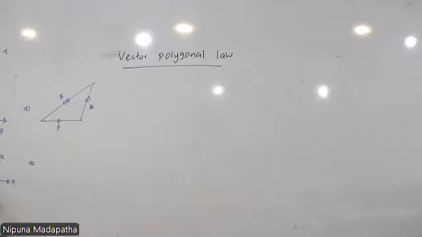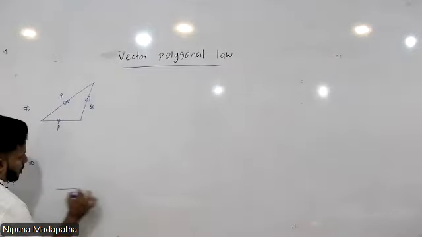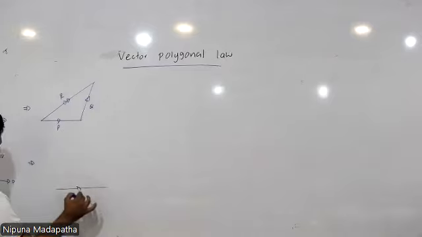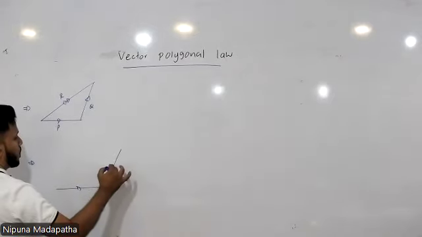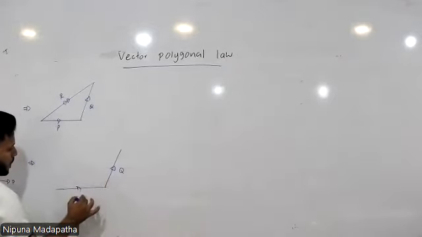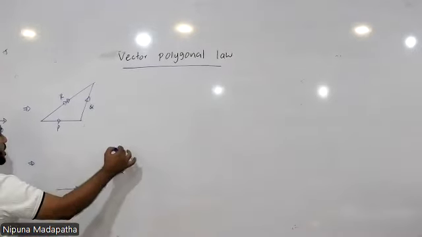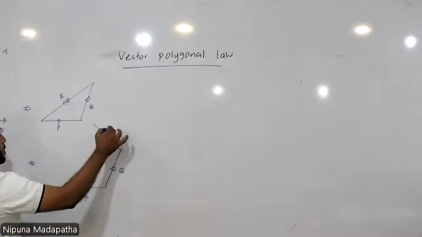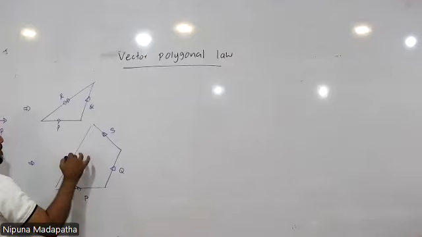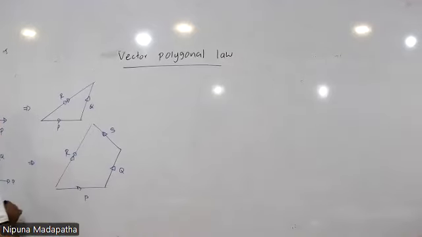If you need to add three vectors, the polygon has four sides. The closing side represents the result.